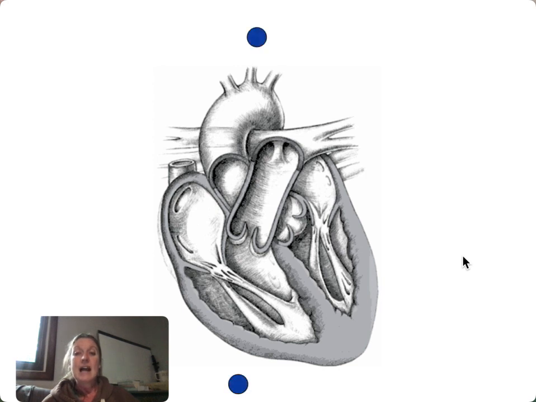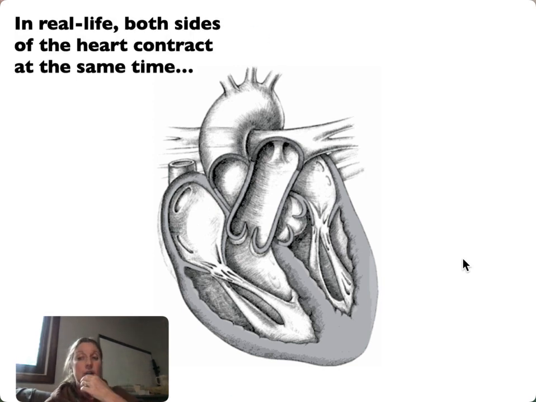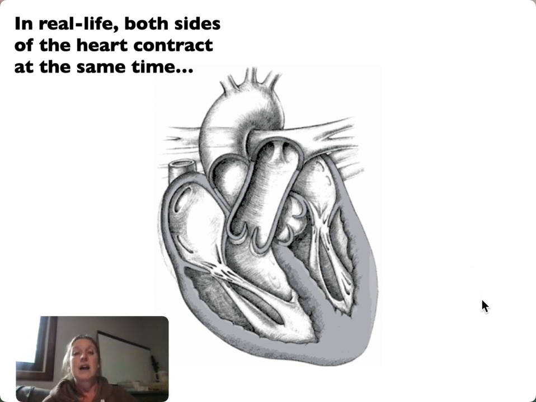Now, in reality, both sides of the heart contract at the same time. So let's look at how that might appear. So we have oxygen-rich blood that's just leaving the lungs, oxygen-poor blood that's just coming back from the body. All of that blood goes into the atria, depending on which side it's going to, and from there to the ventricles.